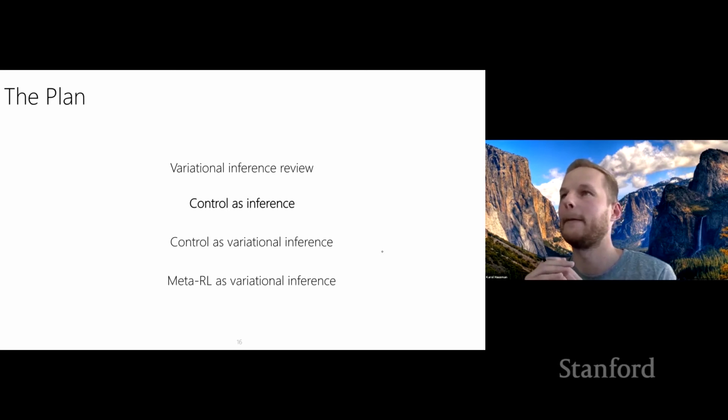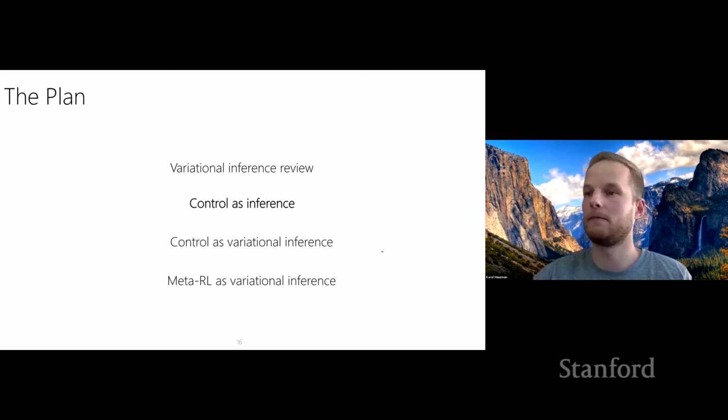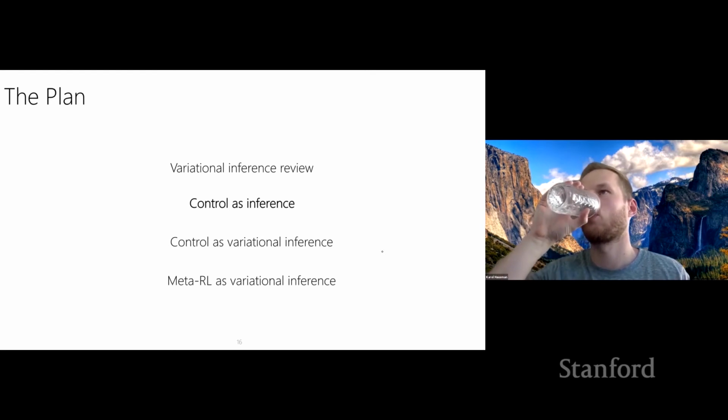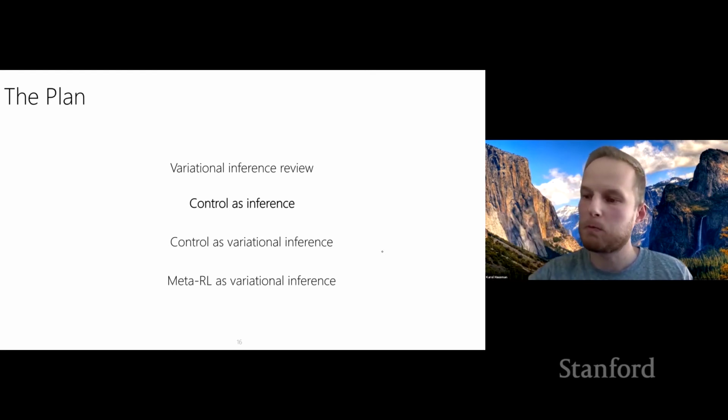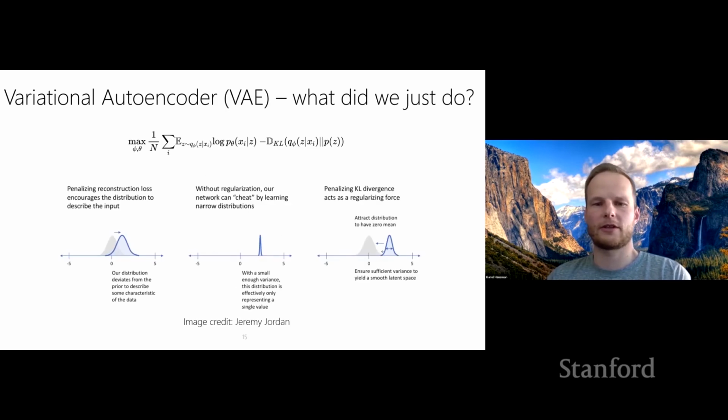One question that came up in the chat is, how do you represent distributions over Z and for X given Z? So one choice is Gaussian, which is typically the normal choice. Are there other choices? Yeah, in variational autoencoder, as far as I know, people use Gaussians. I think there are other distributions that you can use.